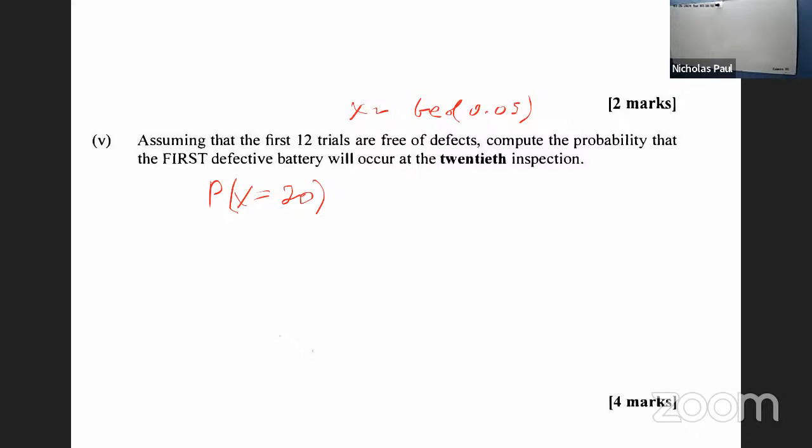We had one for yesterday as well, right? But let's leave it at x equals 20.